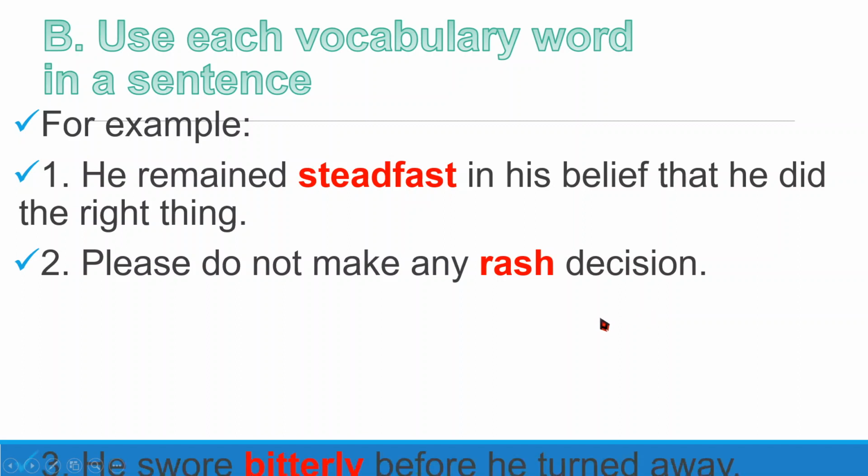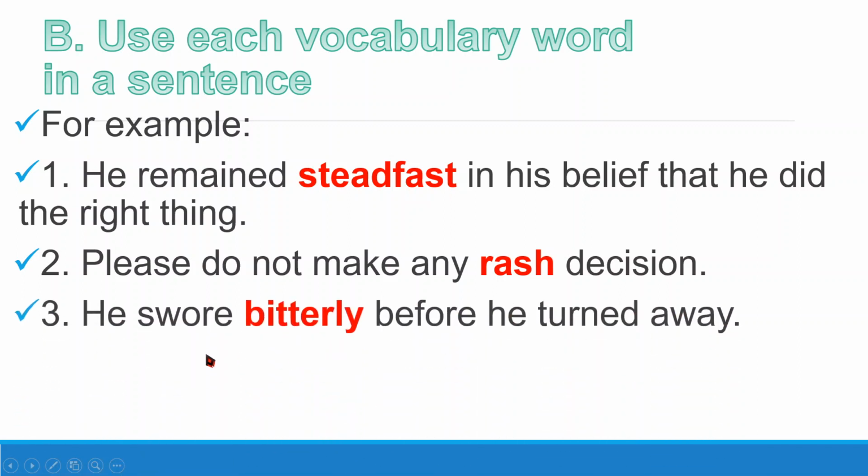And finally, number 3, the word bitterly: he swore bitterly before he turned away. Swearing bitterly means in pain or in anger. These are the 3 sentences, and you can see that I used each vocabulary word in a sentence. Again, in your attached worksheet, you're going to use each word in a sentence, and that will be 10 sentences.